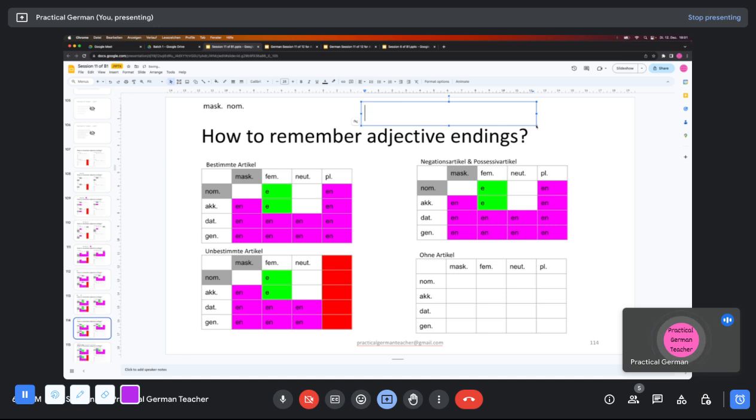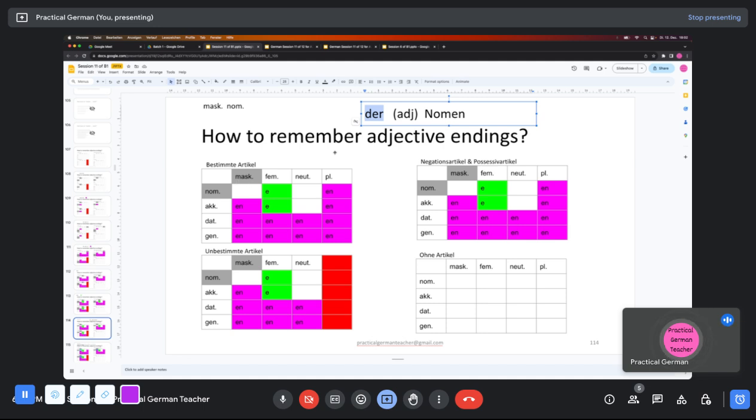You should remember this rule because you want to find the adjective ending in this scenario, where the article before it is der. Think very carefully. We are focusing on this part first, only the bestimmte article.